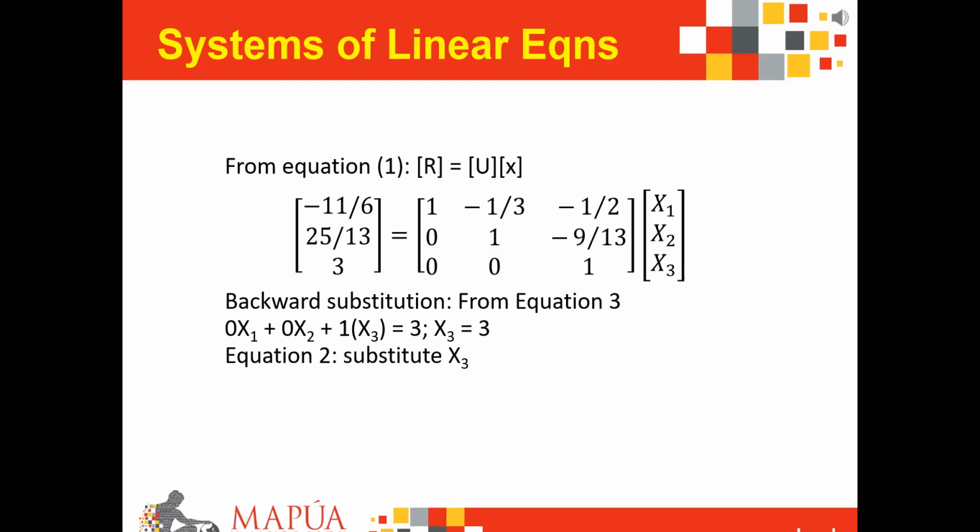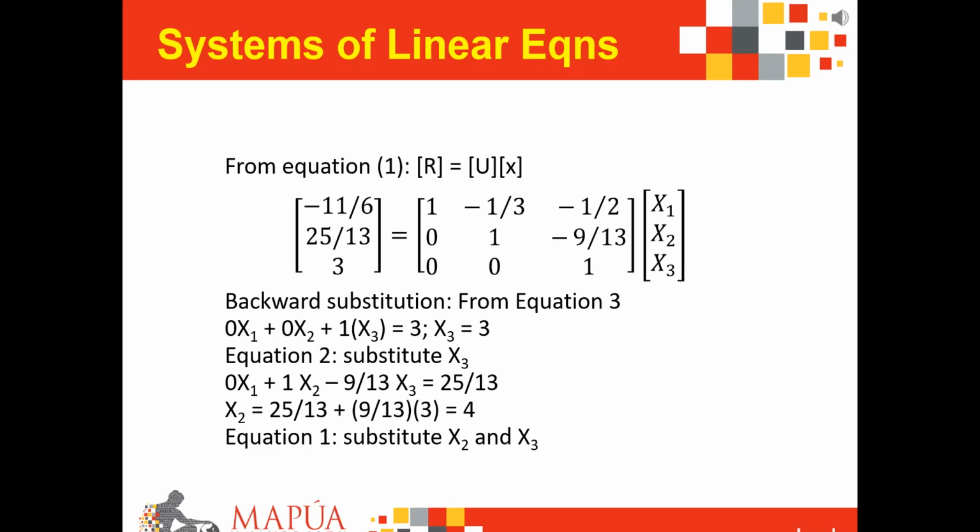We then substitute x3 to your previous equation 2, which is written to be 0x1 plus 1x2 minus 9 over 13 x3, which is equivalent to 25 over 13. When substituting your variable x3, your x2 is computed to be this solution with a value of 4.